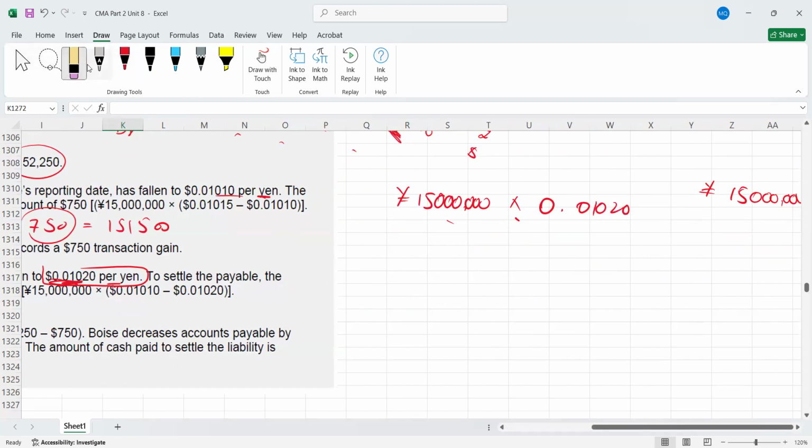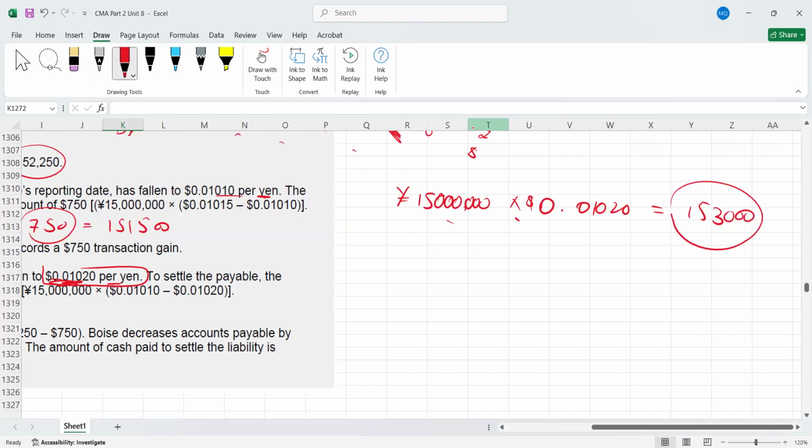If you convert into dollars, how much dollar is this going to be? Just convert it: 15 million times 0.01020, so it is going to be 153,000.